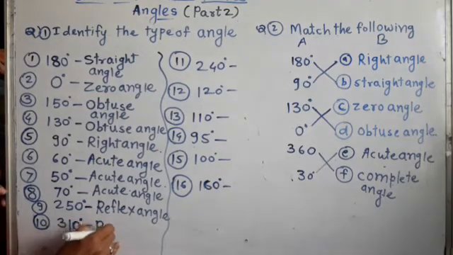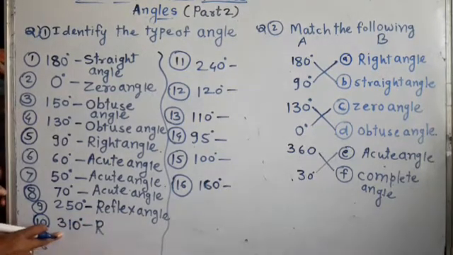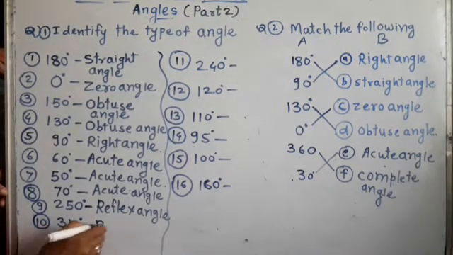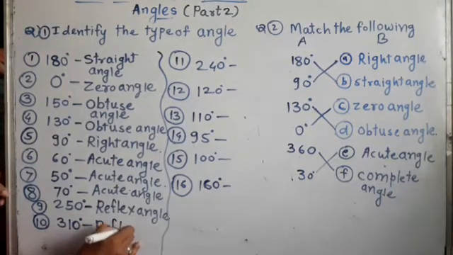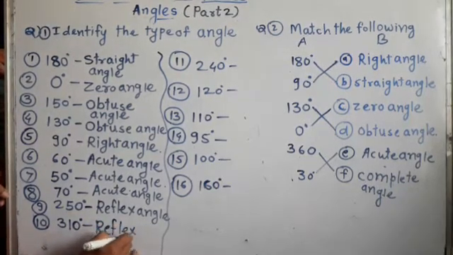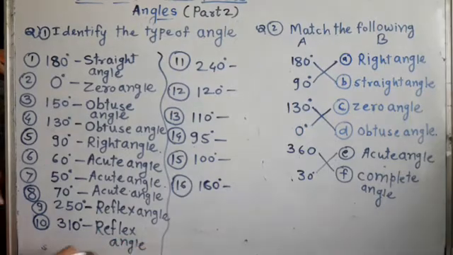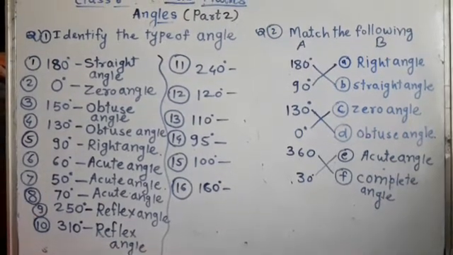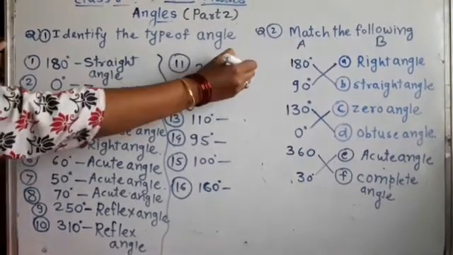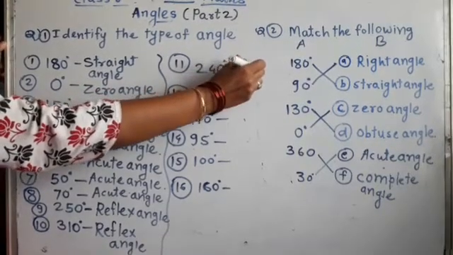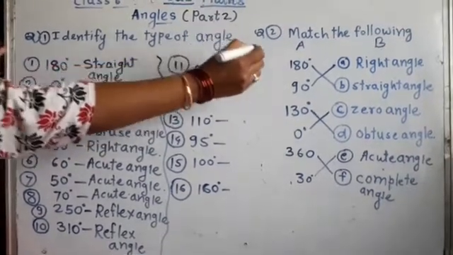Why? Greater than 180 degree and less than 360 degree. So this angle is also a reflex angle. 240 degree. This is also a reflex angle.